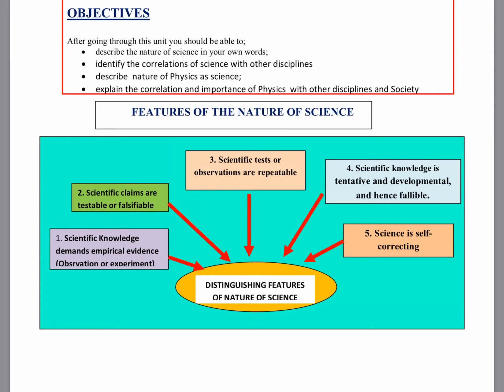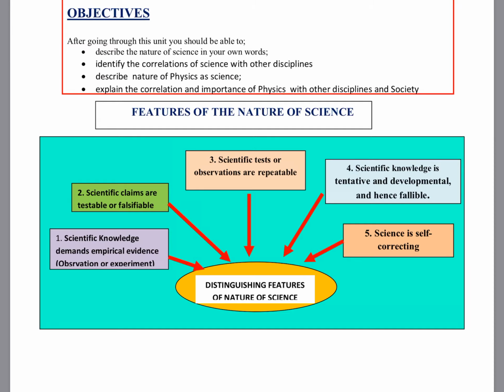Here in this diagram, you can see there are many scientists. They try to find out the nature of science, especially its features, in two terms. Some features are very distinguishing, very particular, and there are certain features we can consider as non-distinguishing features of science. So under these two headings, the particular theme has been presented.